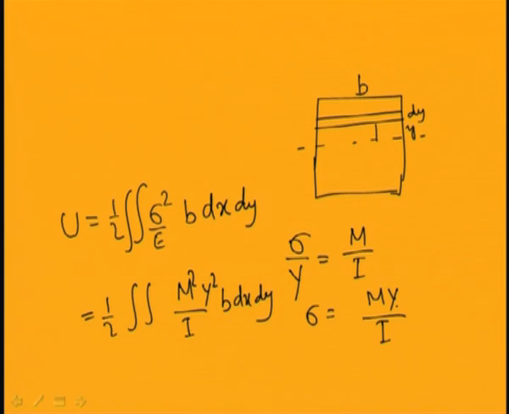I can write this b dy equal to dA, and this expression can be written. There is the E term also. So, M square y square by E I square.